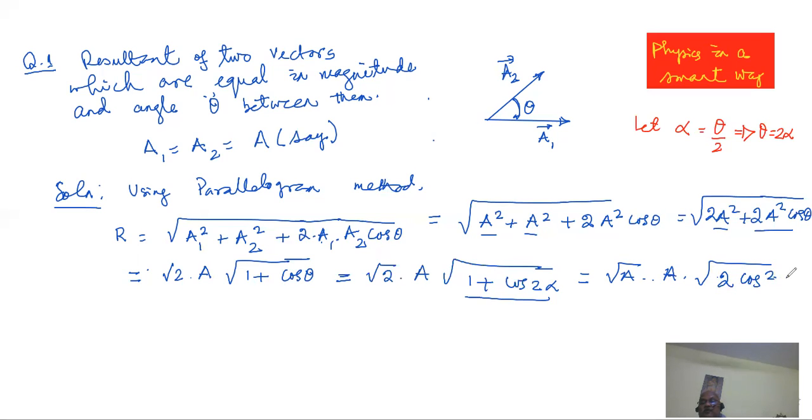Okay, so 2 cos square alpha. Now removing the square root sign, we get root 2 into A, and again another root 2 into cos alpha. Root 2 and root 2 become 2. So 2A into cos alpha. I'm sorry, that is cos alpha, not cos theta.